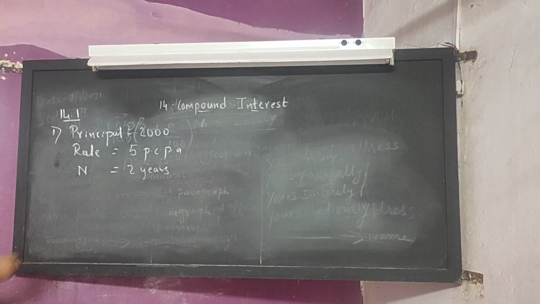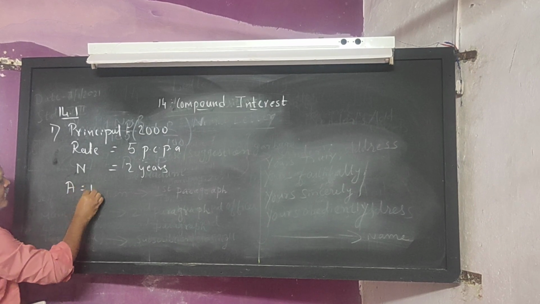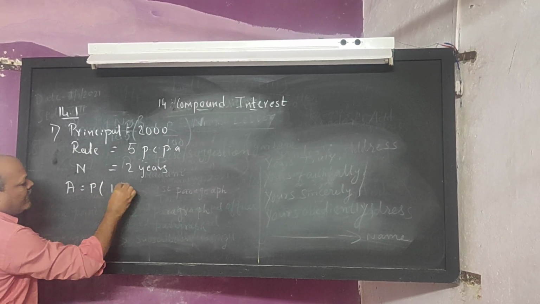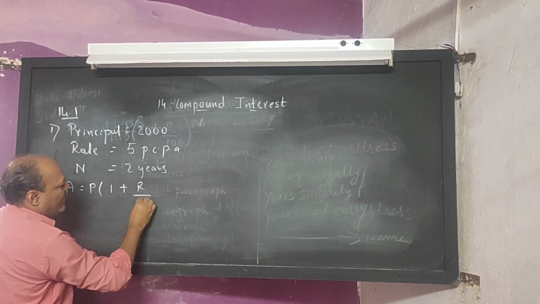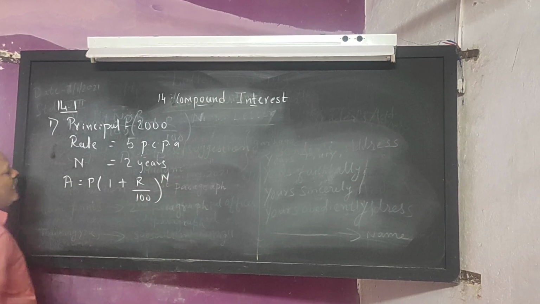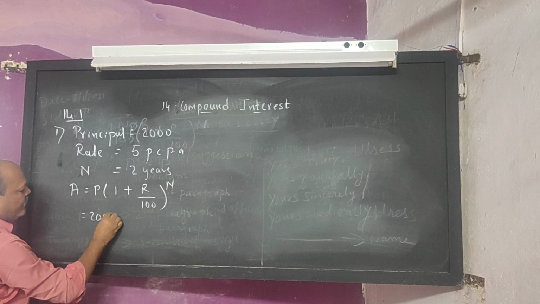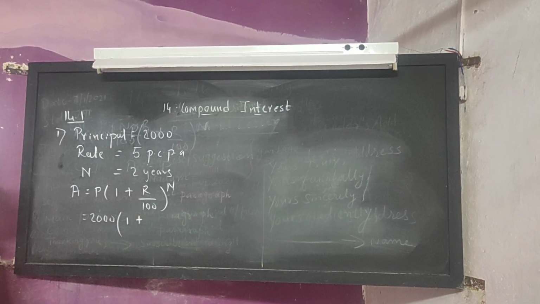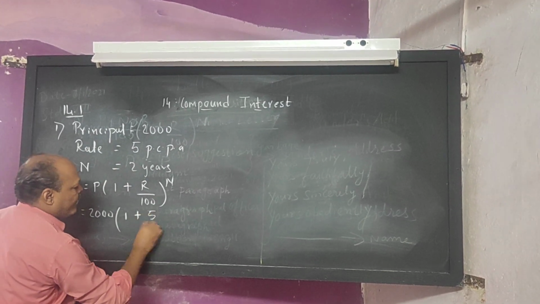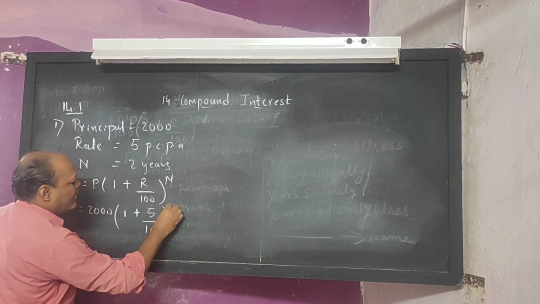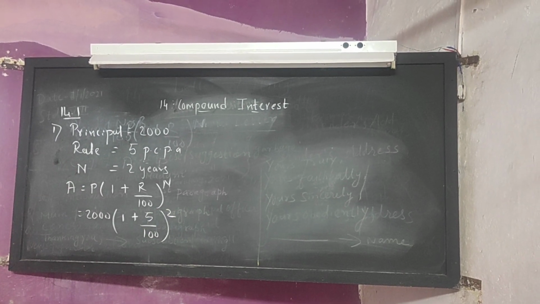To find the amount, first of all, amount is equal to P bracket 1 plus R upon 100 bracket raised to N. Principal is given to you 2000, 1 plus R is 5 upon 100, bracket raised to N is 2. Now the calculation part.